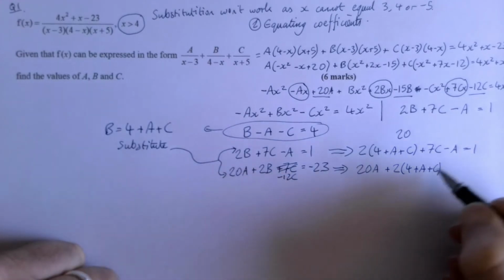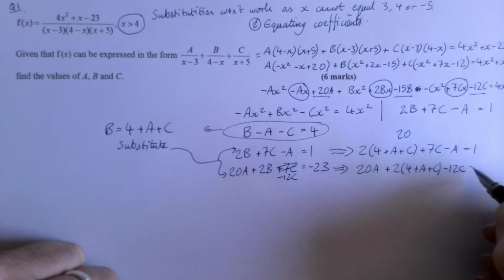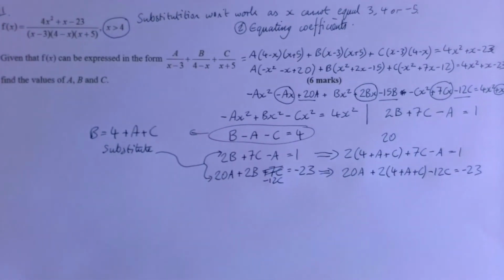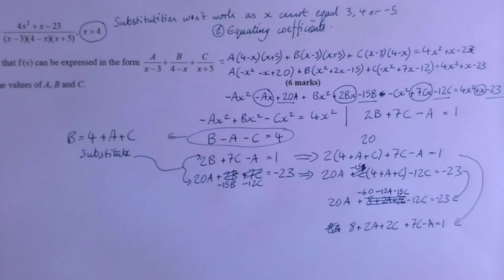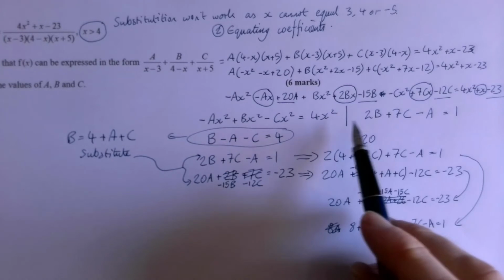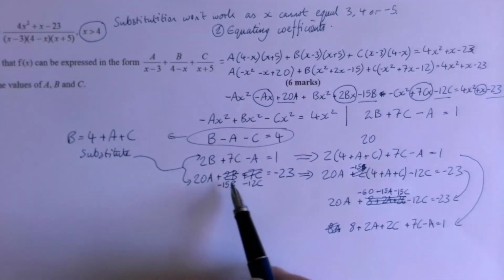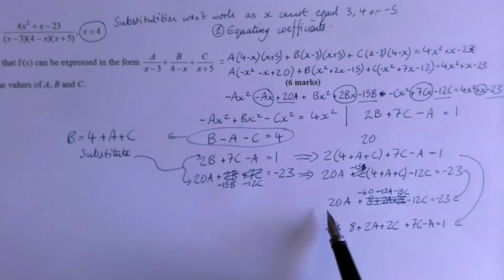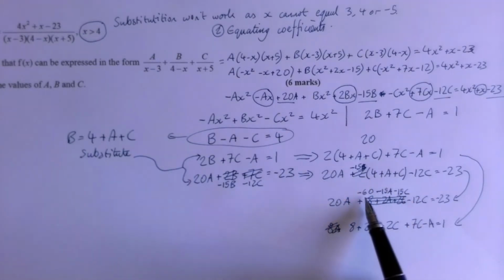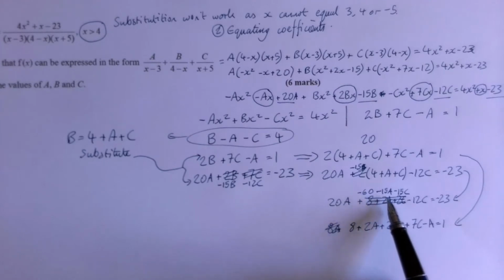Minus 12c equals negative 23. And now it's just about being careful, and expand and simplify these should give you, sorry, I'm sure you spotted that I'd put 2b instead of minus 15b there for our constants when I made the equating coefficients one on that. So that, when you expand that bracket, should give you 20a minus 60 minus 15a minus 15c take 12c equals negative 23.